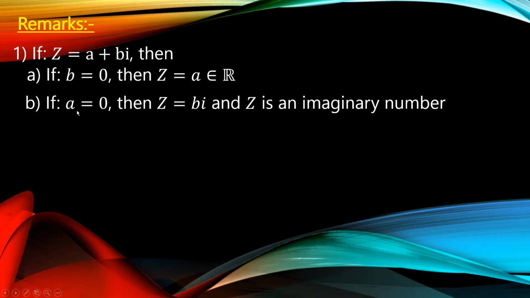Letter b: if a equals 0, the real part equals 0, then z equals bi and z is an imaginary number. Again, a complex number may be real or imaginary: real if b equals 0, and imaginary if the real part equals 0.